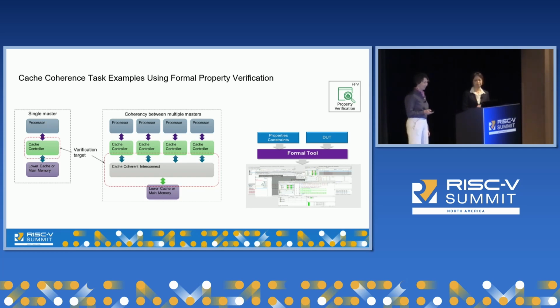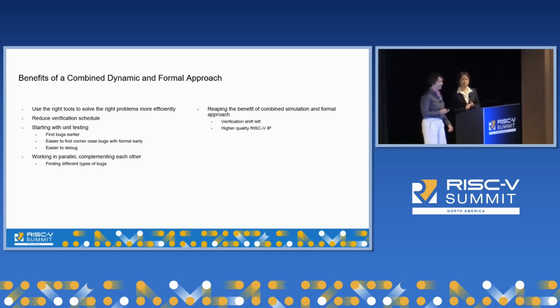In summary, there are many benefits to adopting a combined dynamic and formal approach to RISC-V verification. Choosing the right tool for each unique problem can lead to a reduction in your overall verification schedule. Starting out with unit-level testing using formal verification enables earlier bug detection and easier debugging.